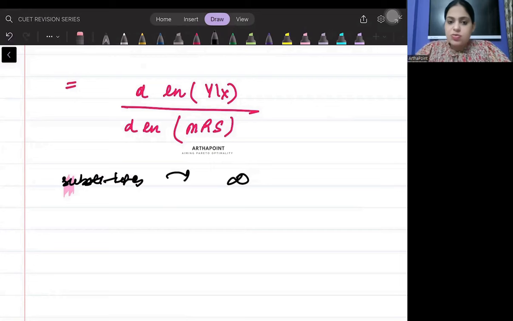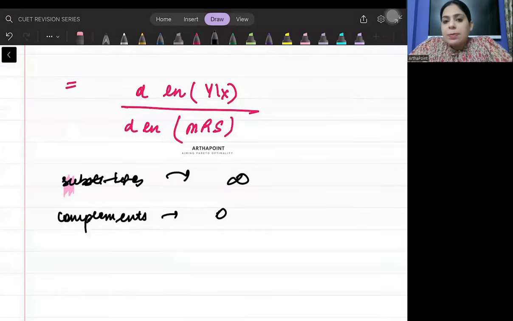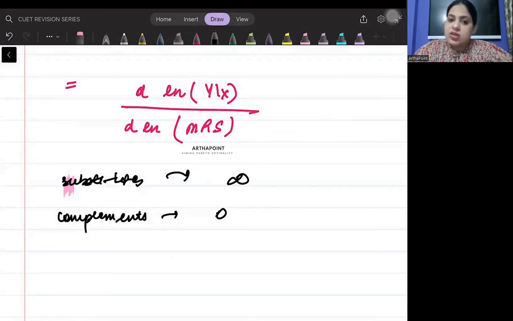Infinite substitution is possible. And for complements, it is 0. Complements में आप क्योंकि दोनों goods को एक साथ use कर रहे हो, you cannot substitute one good for another, and that is why the elasticity of substitution becomes 0. But for substitutes, the elasticity of substitution is infinite.